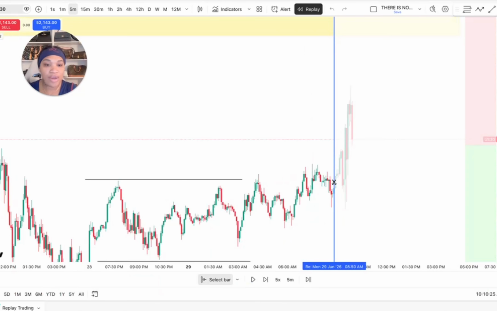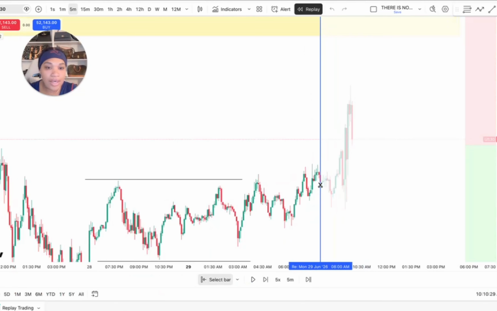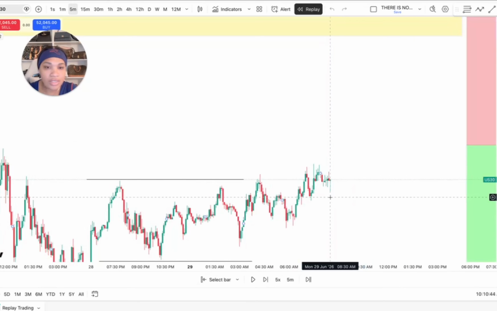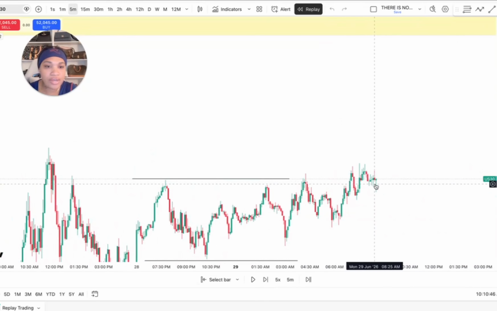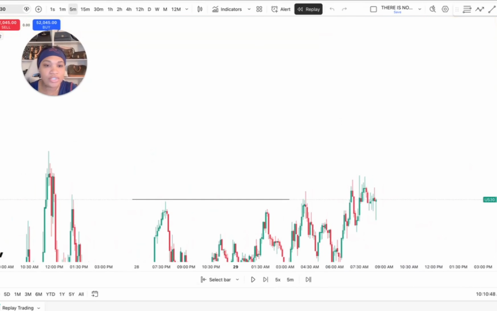Okay, and this is right before. So I am trying to now go back to see where I had a bullish OB and why I picked it there anyway. Okay, let's start here. This is around 8:30, which is 1 hour prior.